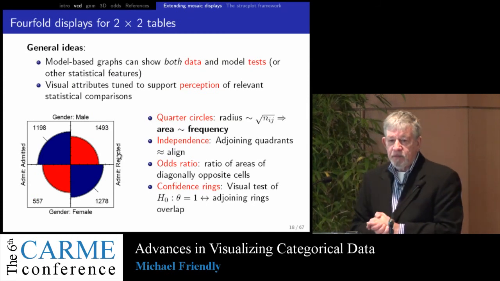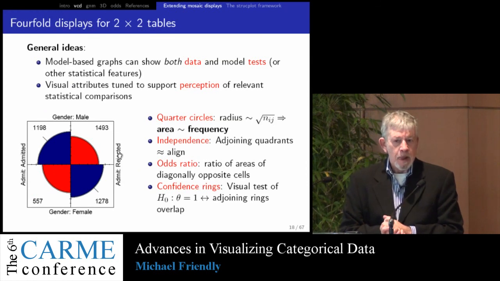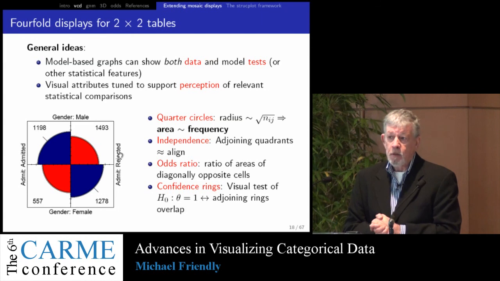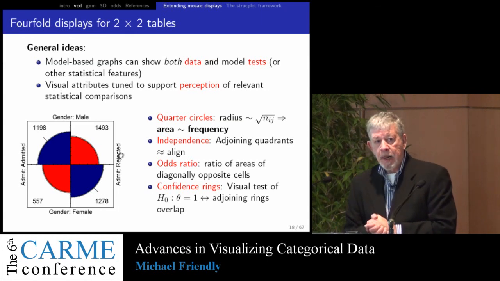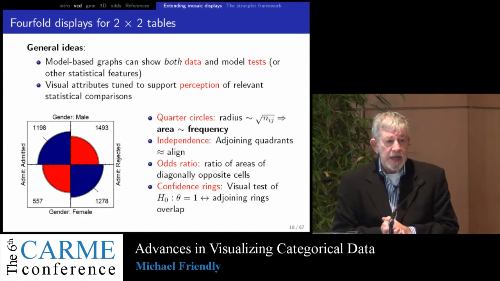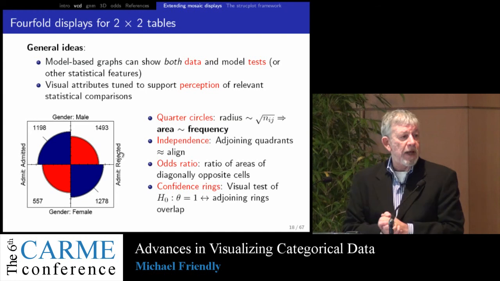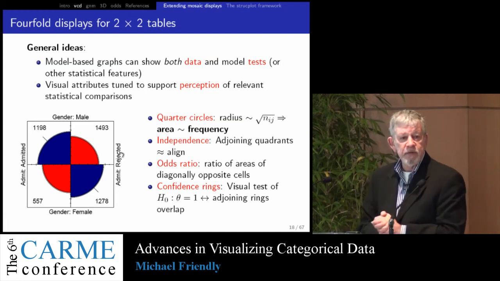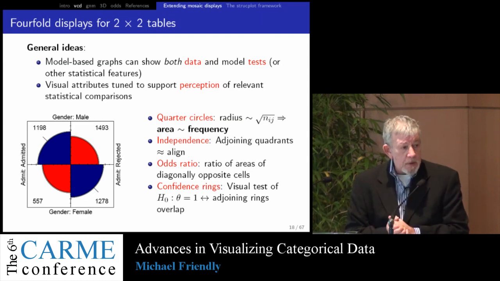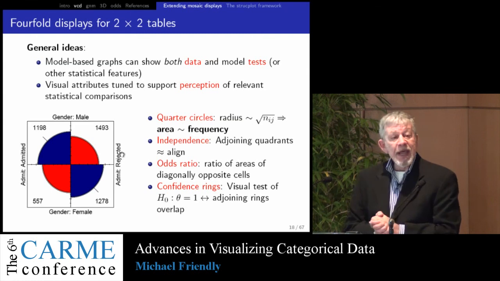Some general ideas about visual display in the simplest possible case, the 2x2 table of admitted or rejected by gender in that Berkeley data. So at the bottom we see what's called a fourfold display, and the principle of construction is that, again, area represents frequency, so the size of each quarter circle is the square root of the frequency. The area is therefore the frequency.